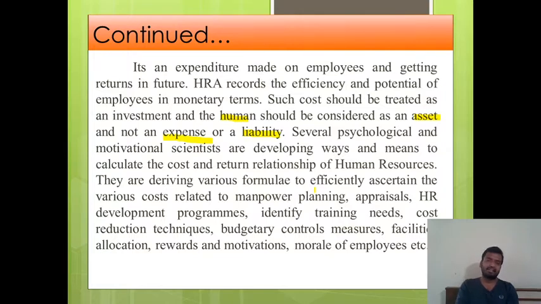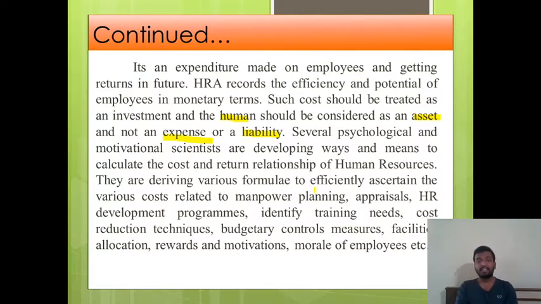So this is the meaning of human resource accounting. In simple terms, we can say it as HRA. It records the efficiency and potential of an employee in monetary terms.